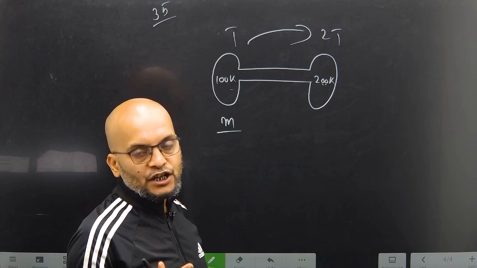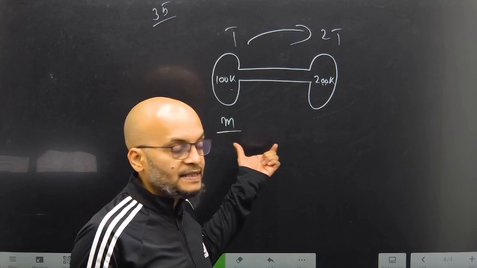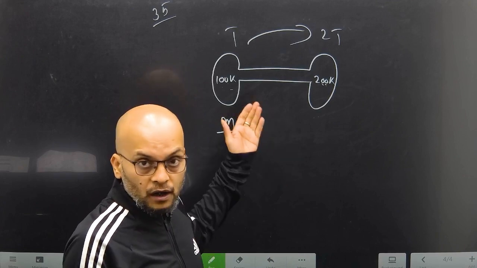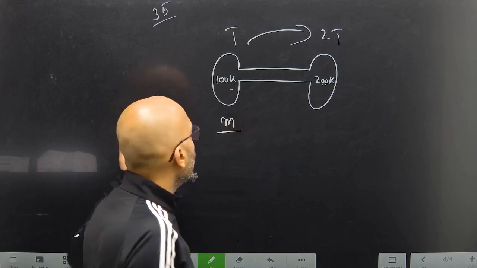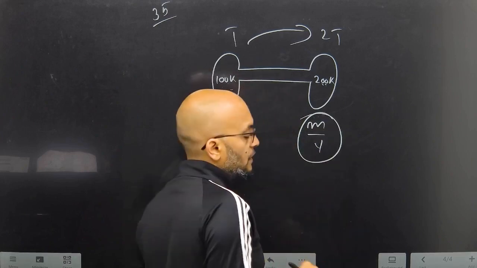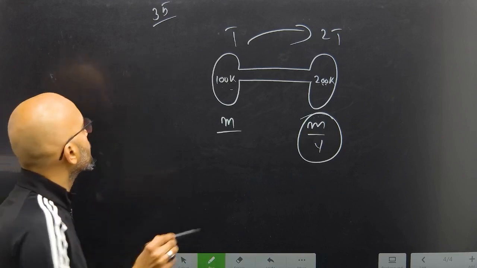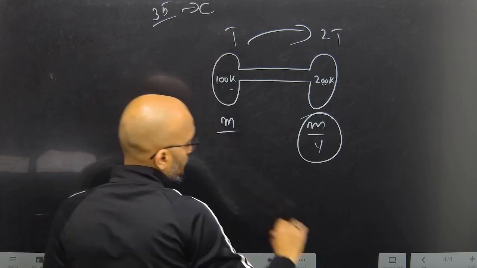If temperature is becoming twice, that means there is an inverse relation with mass, right or wrong? So mass will become 1/4 of it. So if M is the mass, M by 4 is the answer. Direct formula application. So it is option C. Option C. Moving on.